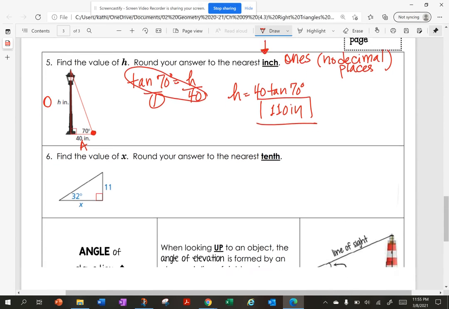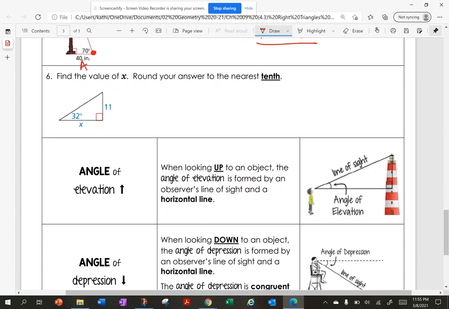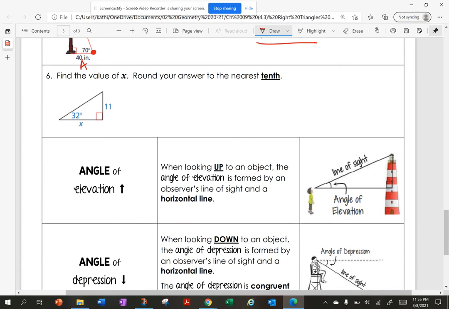Okay, next question. So let's pay attention to what it's asking us to round to. This one's asking me to round to the nearest tenth. So tenth is 1 decimal place. So if 32 is my reference angle, 11 is opposite, x is adjacent. So this is the tangent of 32 degrees equals 11 divided by x.